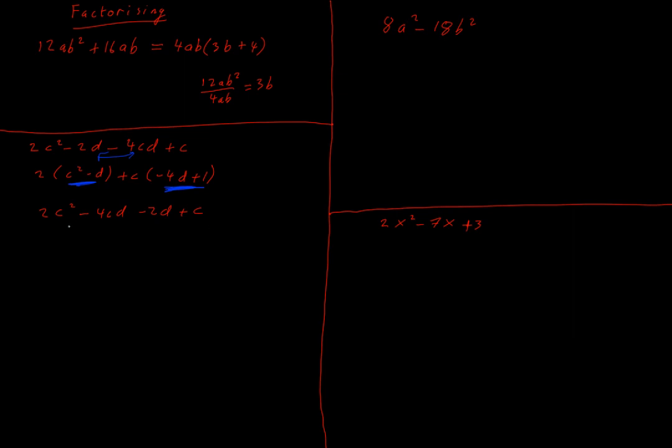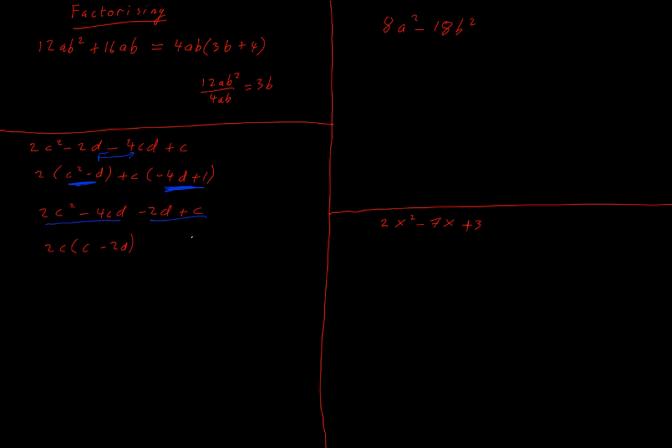So now I'm going to try doing my job again. I'm going to try taking in the common factor from the first 2 terms and the second 2 terms, and now that I've reordered things, I'll see if that ends up nicer than it did before. So I can see I have a common factor of 2c for my first 2 terms, and I'm left with c minus 2d.